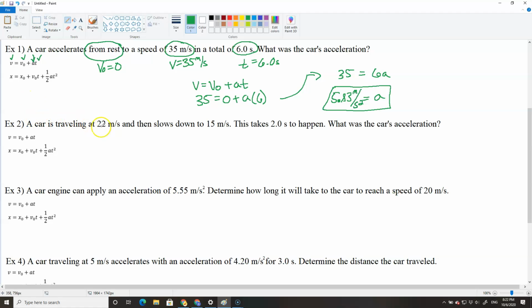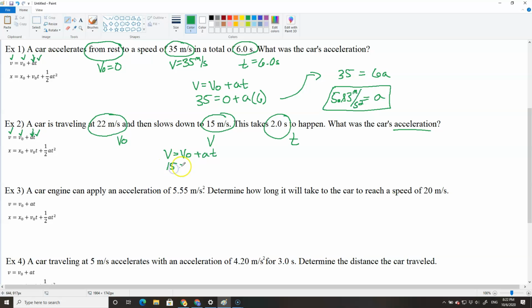Number 2, a car is traveling 22 meters per second, so that's v initial. It slows down to 15, that's v final, and it takes 2 seconds, that's time. Find the acceleration. Again, I know v, v initial, and time. That will allow me to solve acceleration. V is v naught plus at.